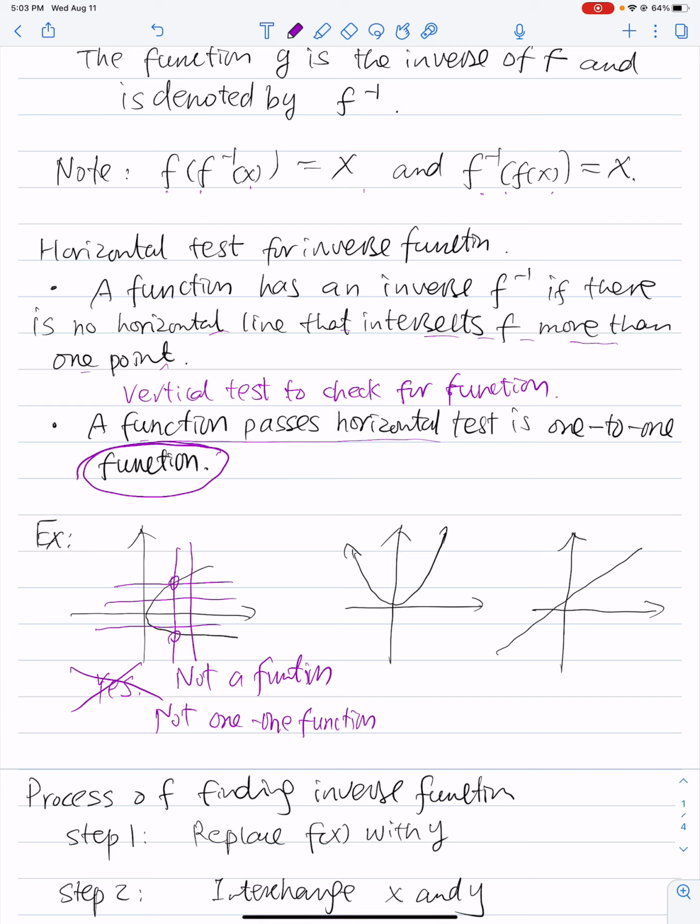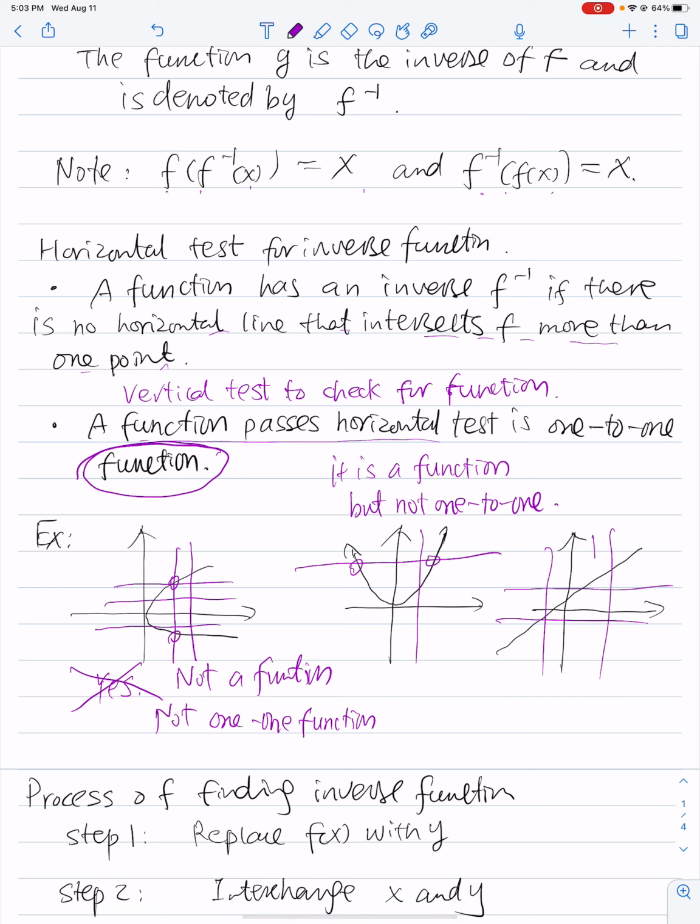Okay, so this one, is this a one-to-one function? No, because it does not pass the vertical line test. But is this a function? Yes, it is a function, but not one-to-one. And for this one, yes, one-to-one function.